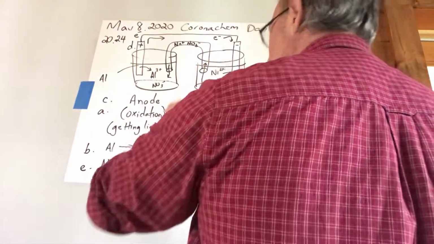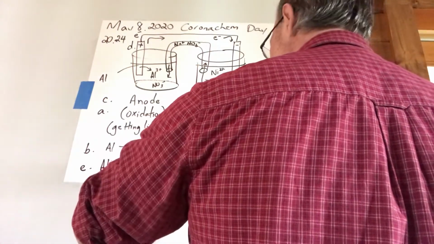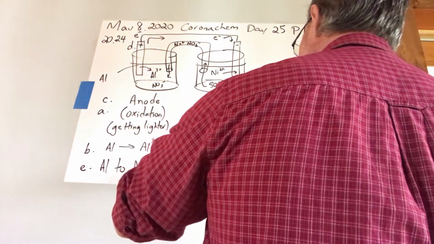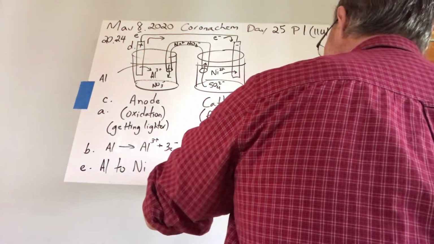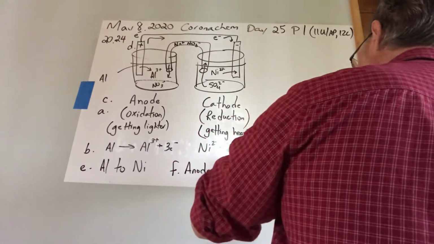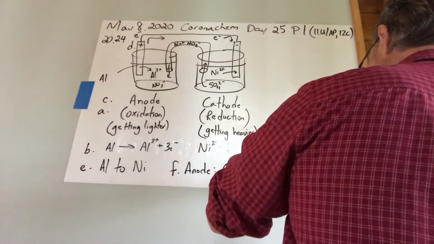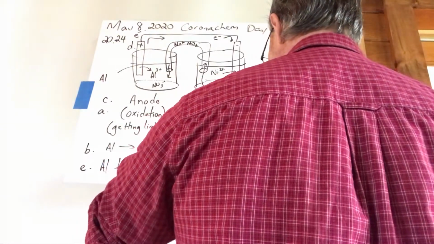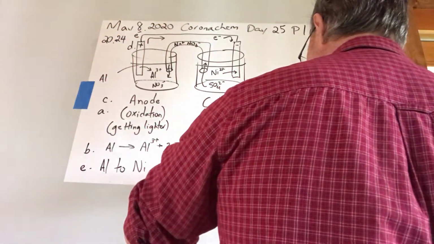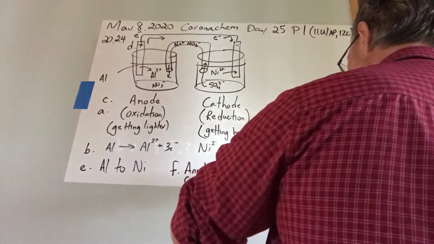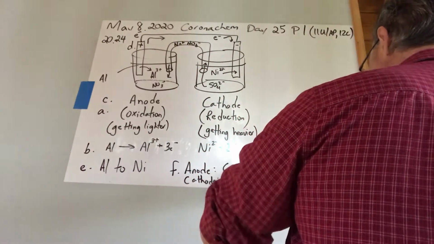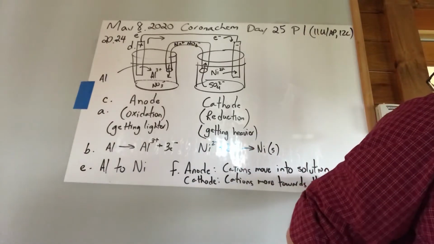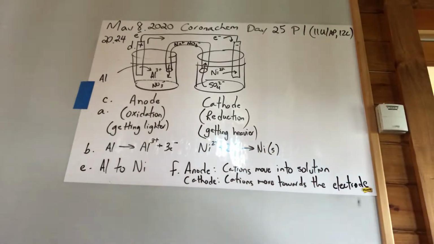In here, on the anode side, cations move into solution from the electrode, and on the cathode side, cations move towards the electrode. Okay, all the parts of that question have been answered now.